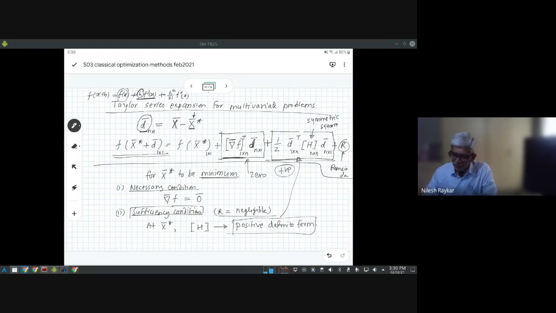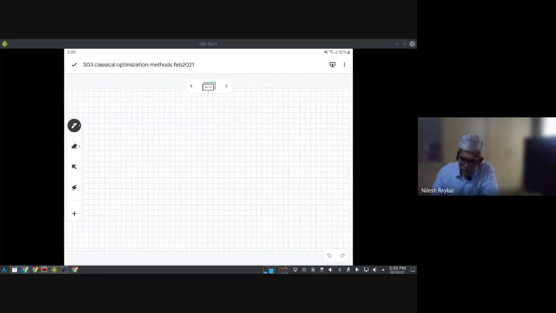Okay, so let's proceed with the calculation. Find the local minima for the function f of x bar equal to x1 plus 4 into 10 to power 6 divided by x1 multiplied by x2, plus 250 x2.